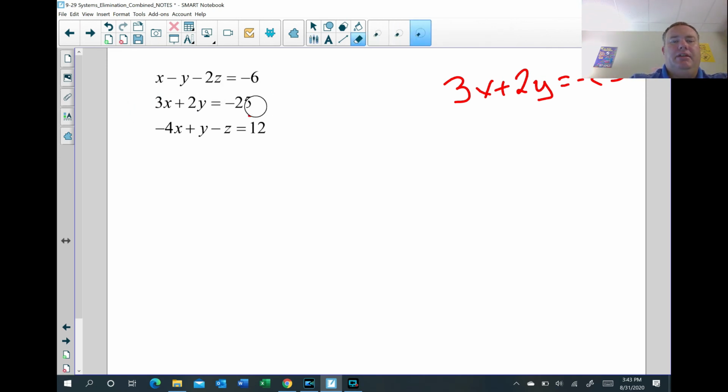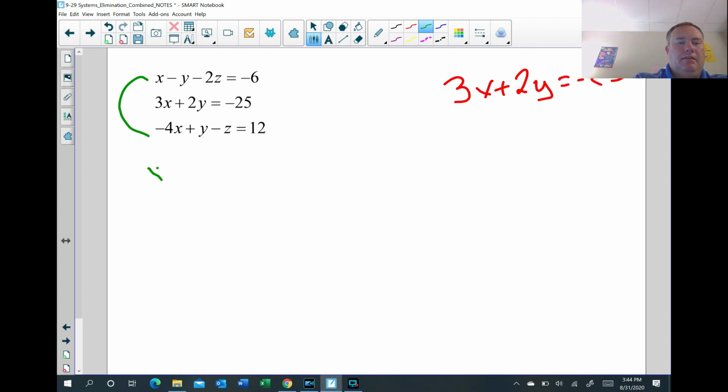Which means from here, what you need to do is find a way to eliminate, in this case, since we have x and y, eliminate z in the first equation and the second equation, so that you can get an equation with just x and y in it.